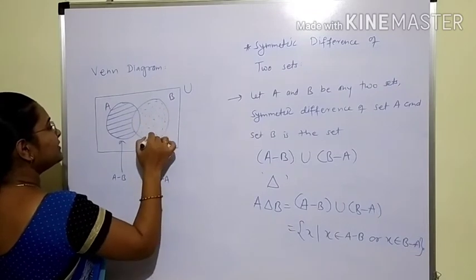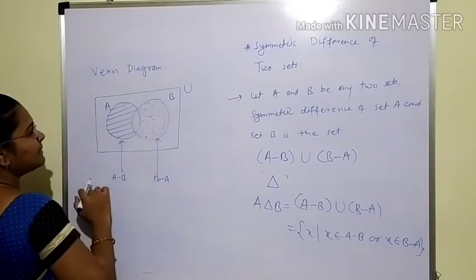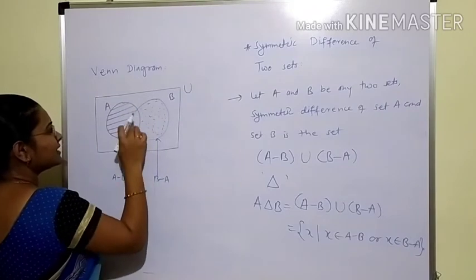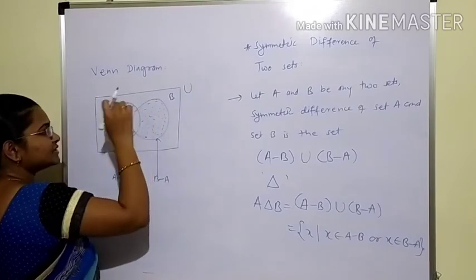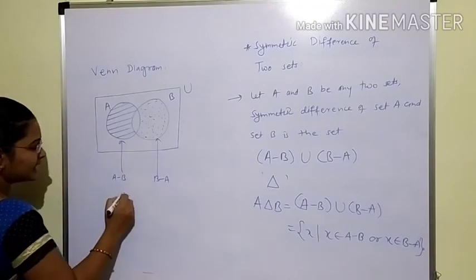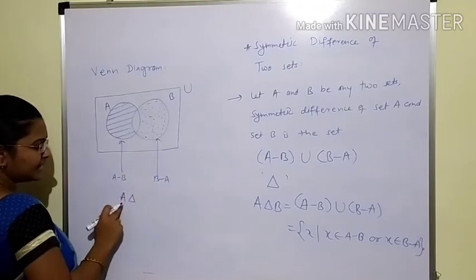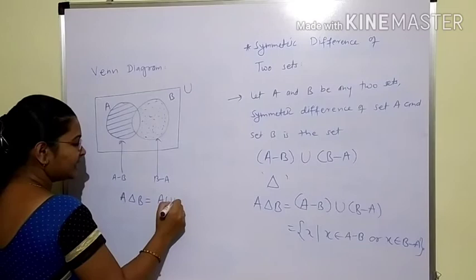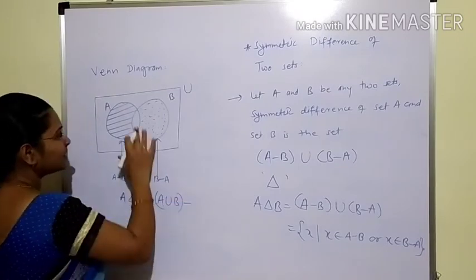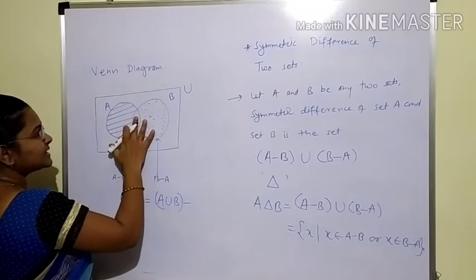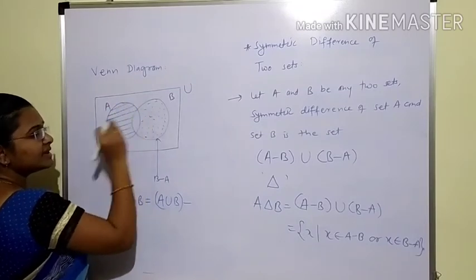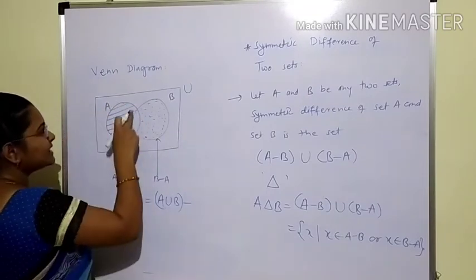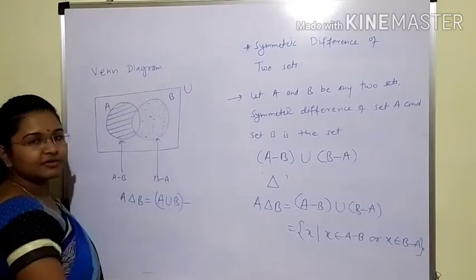So, the symmetric difference of set A and B is the part which does not include the intersection of the two sets. So we can show here that the symmetric difference of A and B is A union B minus the intersection, because if we shade with the intersection, then the shaded part will be nothing but A union B. So from A union B, if we take out the intersection, then the shaded part will be nothing but the symmetric difference of two sets.